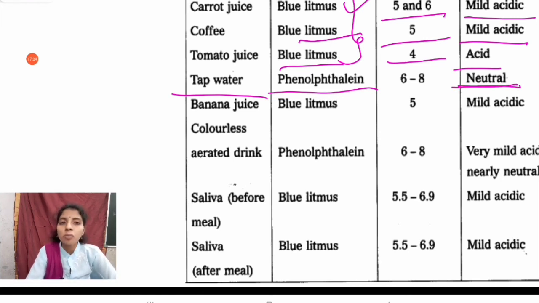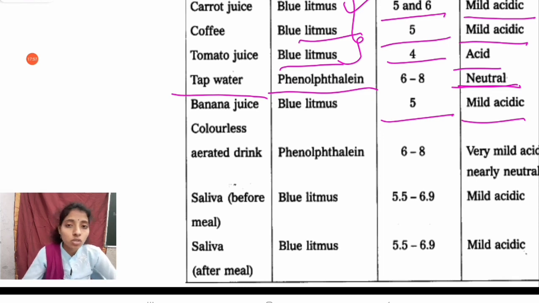And next one is banana juice. For this we will take blue litmus paper. It will change the color to orange. So here the pH value is 5. We can say this is mildly acidic or a weak acid. Okay. Next, colorless aerated drink.